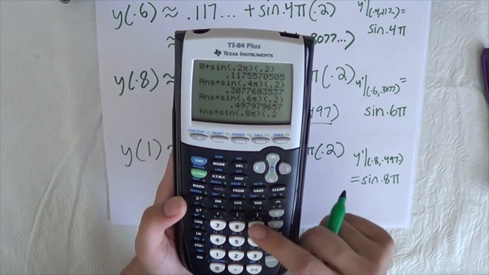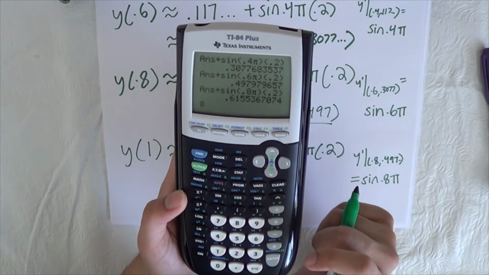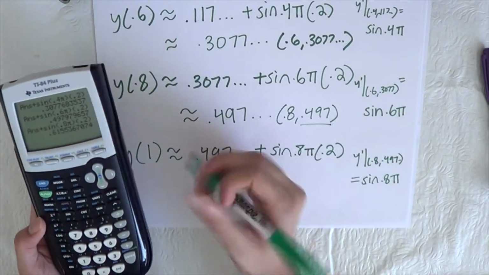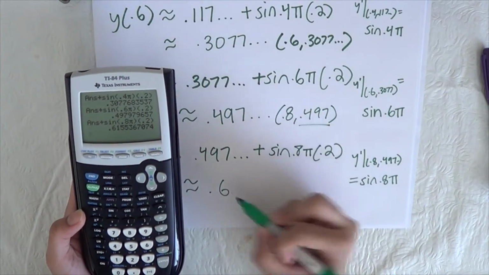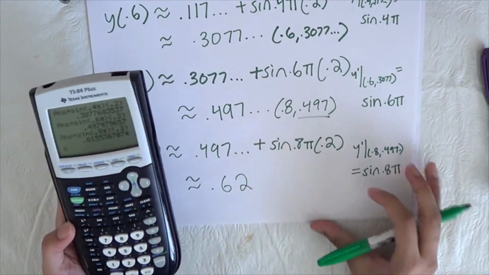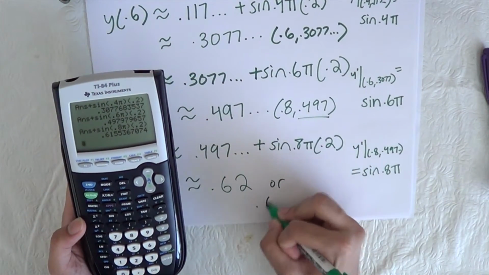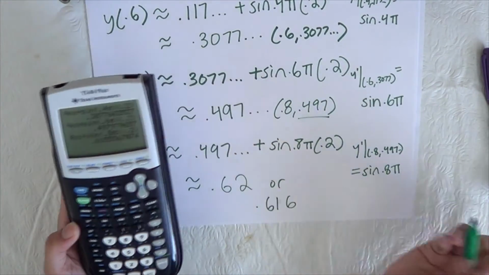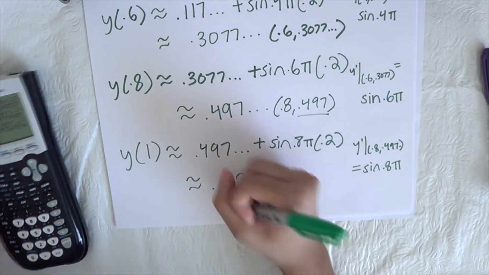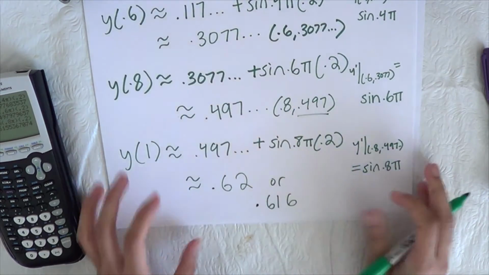Times 0.2 equals 0.615. So now here we can round. I will round to 0.62, or you could do 0.615 if you want, or 0.616. So there's your answer.